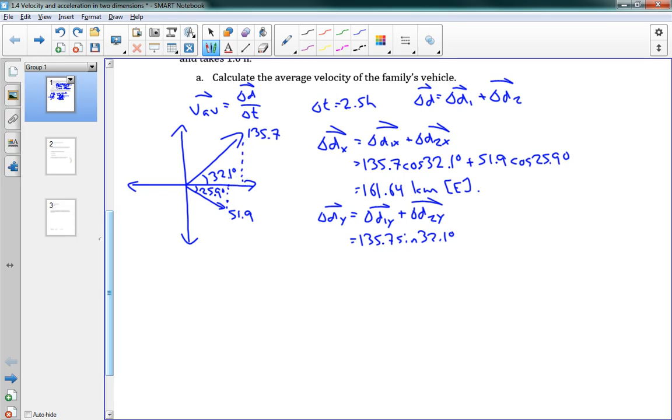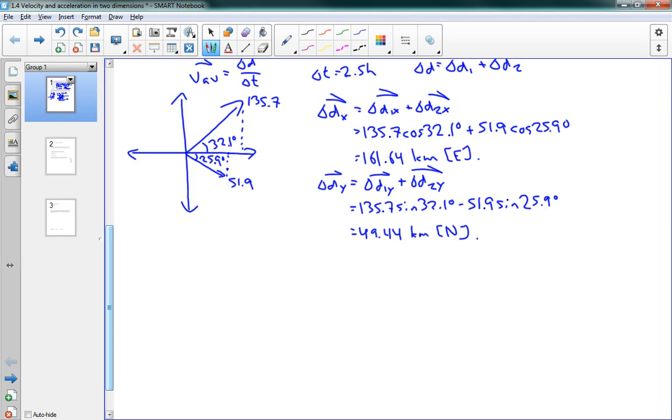So we need to make sure that we're doing that correctly in our math. So we have here minus 51.9 sine 25.9 degrees. And this gives us an answer of 49.44 kilometers in our positive direction, which is north. Good. So we're a large part of the way done now.